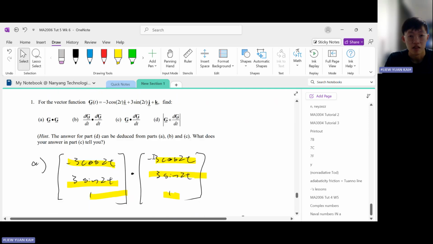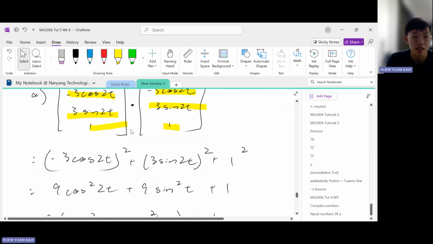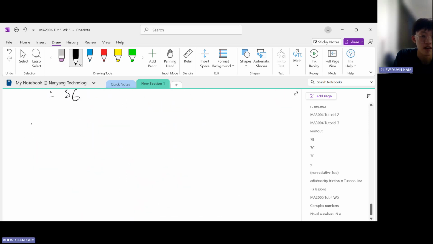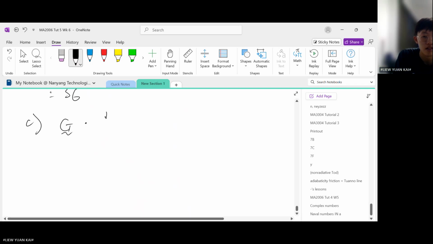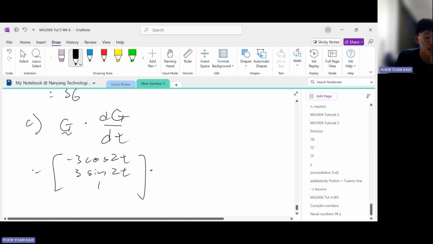Let's go to question C. Question C says g dot dg dt. So you take your g that you got, write it in column vector form, and then you take your dg dt that you derived. And now you dot product.